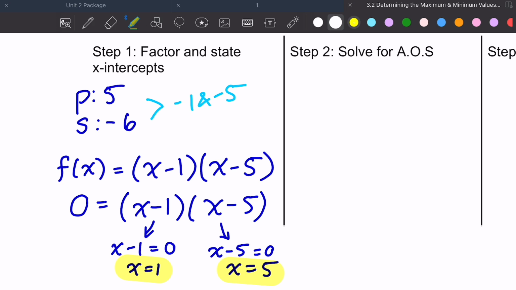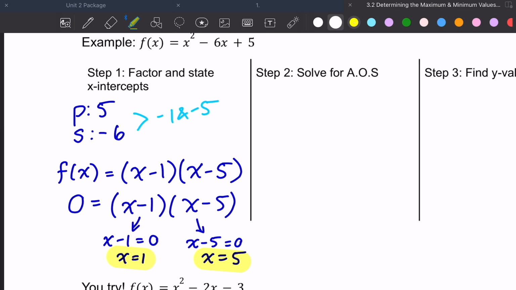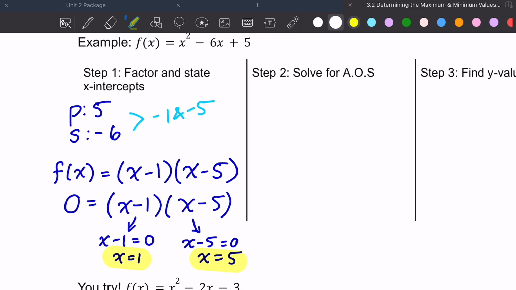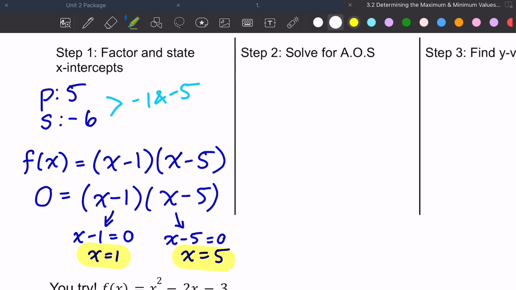Restrictions are for like a rational function, like what we did before, because there was a denominator and we said the denominator can't be 0, right? But in this case, we don't have any restrictions on a parabola, like on its domain. X can be anything. X is all real numbers, the domain, right? But it's like in the idea of like you were solving for restrictions, that's what you can do, right? But x can be those values.